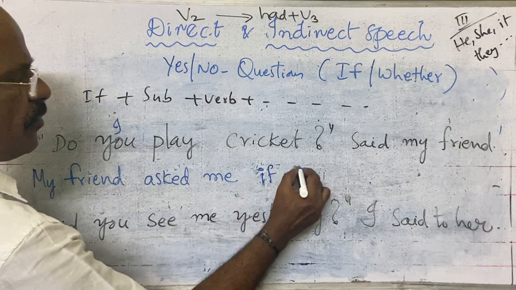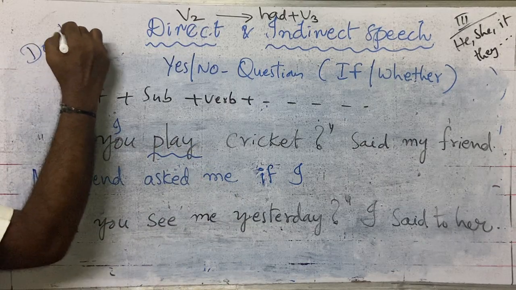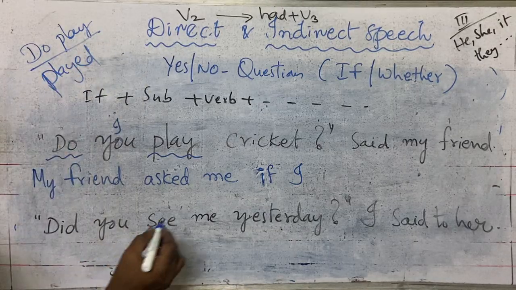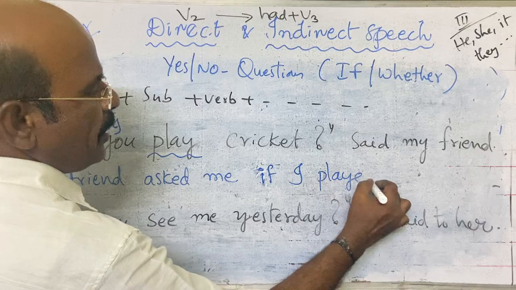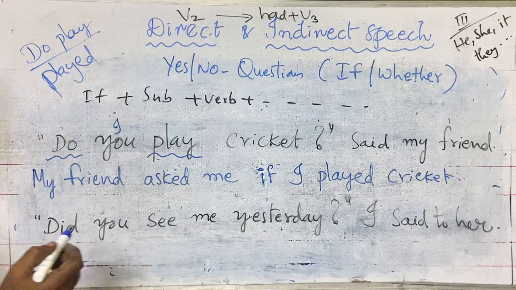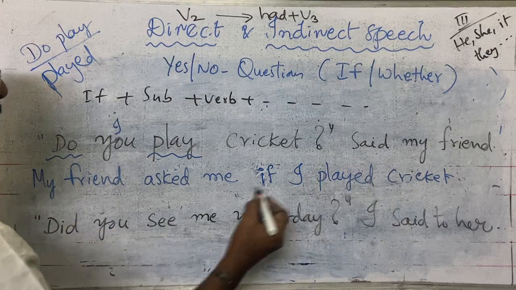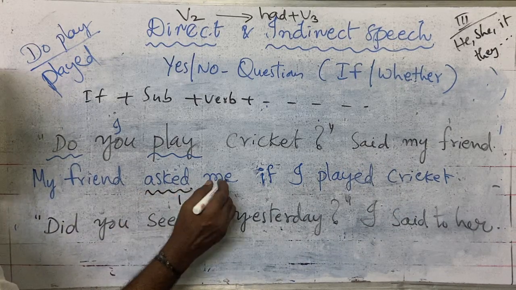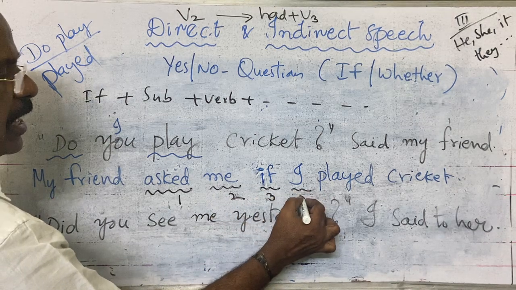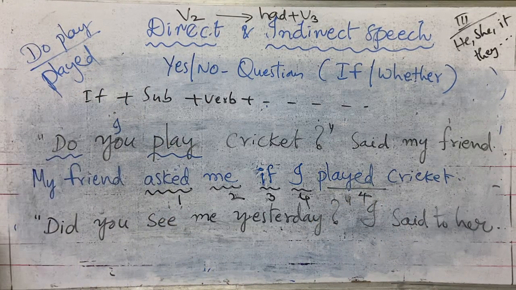If I, verb do play. I said already, if it is do play, present tense, take the past tense played. So that's why if I played cricket. Here a little bit of changes are there. Said means this is a question asked. Here we are writing this me ourselves. And the conjunction if, and I changed, next it is converting into played because do play converts into played.